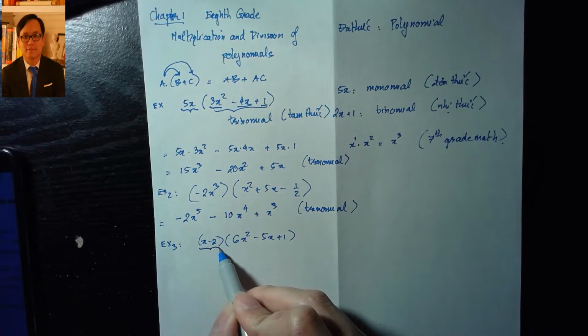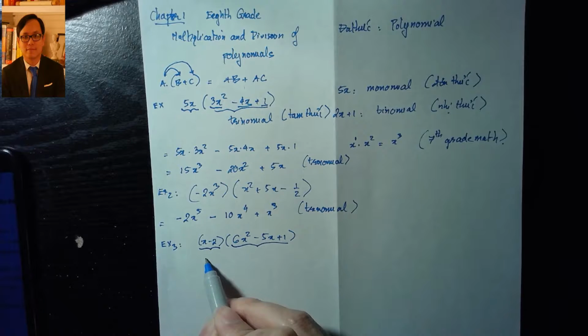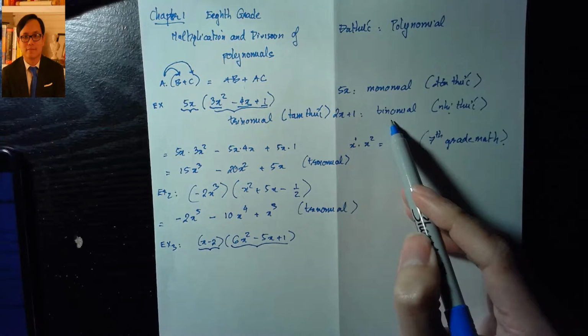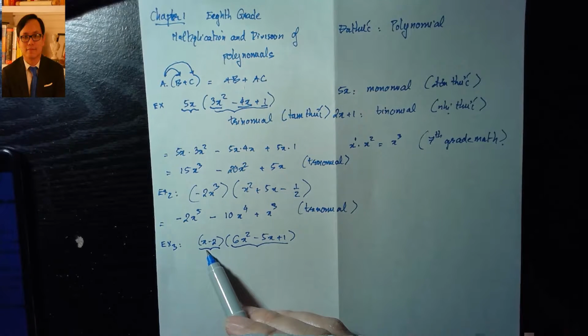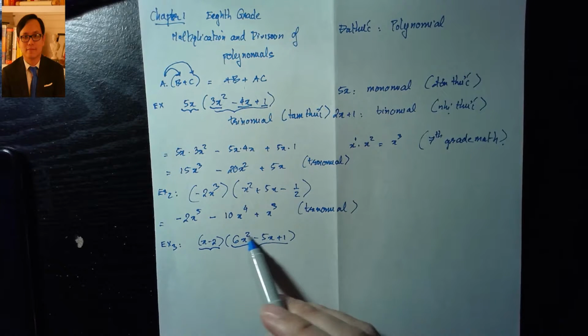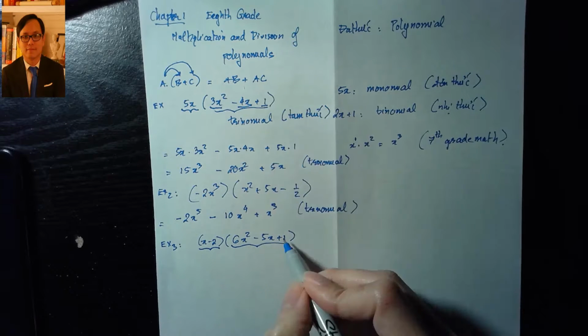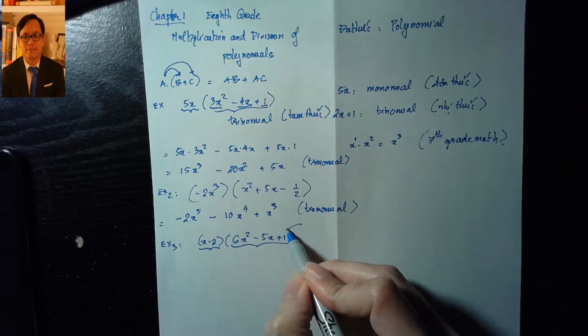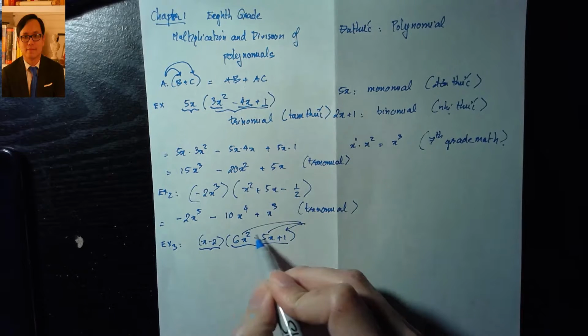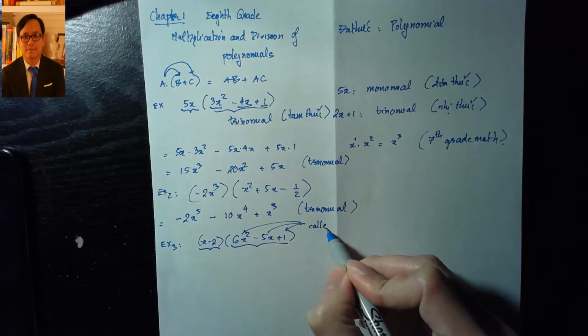The first one is a binomial, right? Because it has two terms. And the second one is a trinomial because we have three terms. So each of these we call a term.